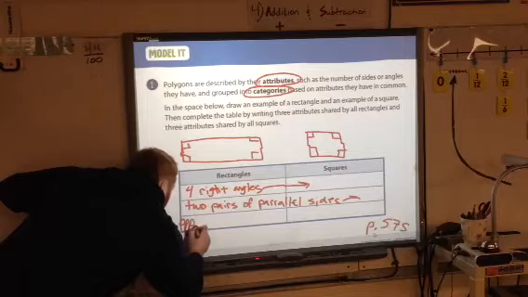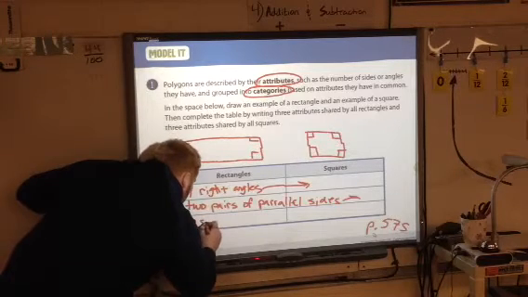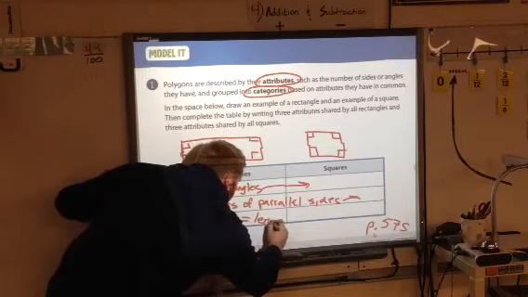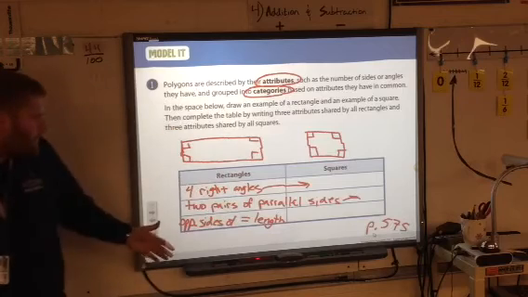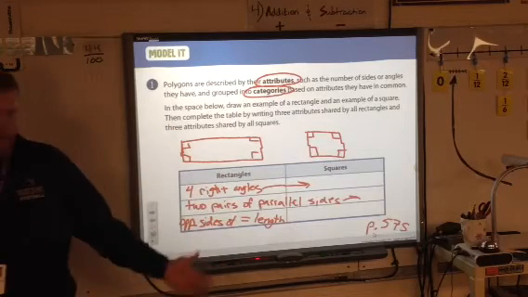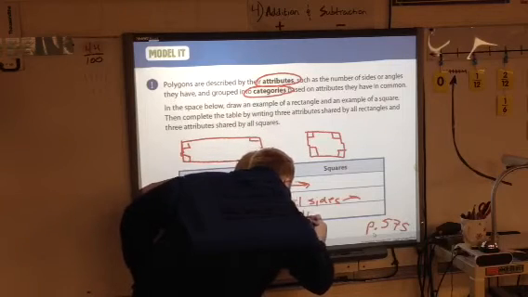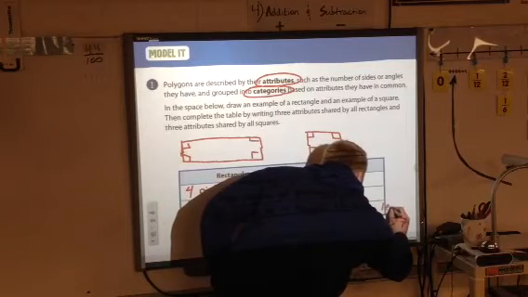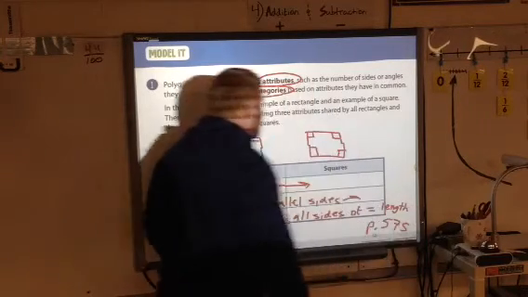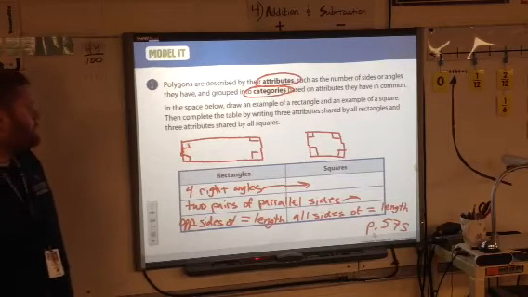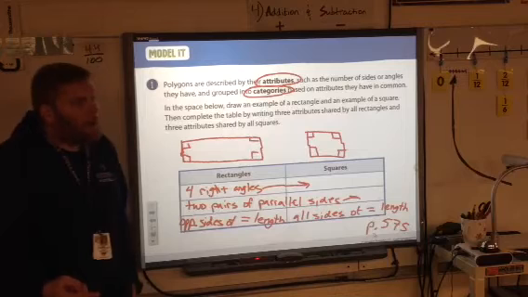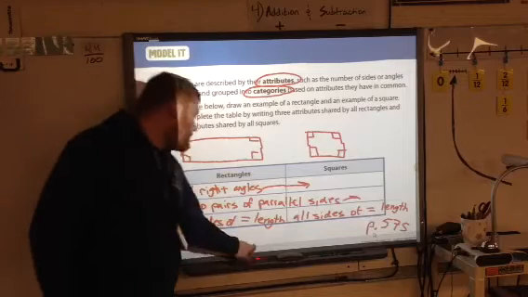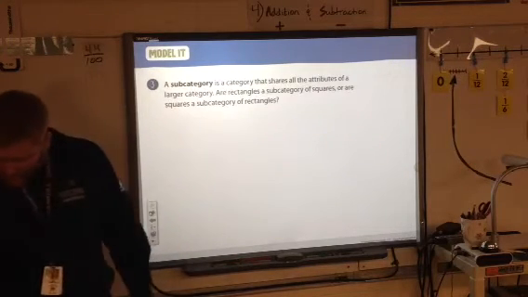And then, for my square, I would say all sides of equal length. Now, although they share a lot of the same attributes, there is one attribute that they do not share. Not all sides in a rectangle are of equal length. Very good. We're going to go over the next couple questions, and then we're going to wrap it up.